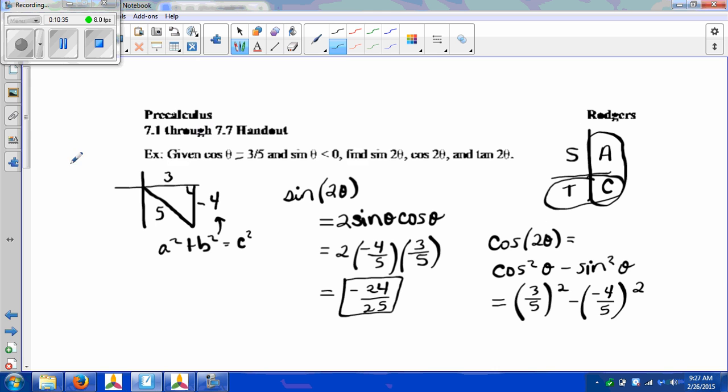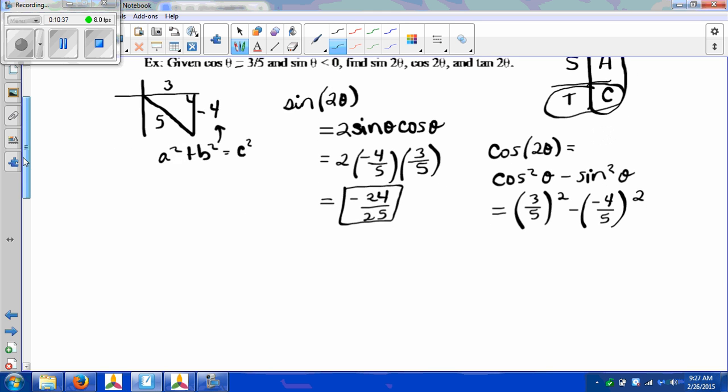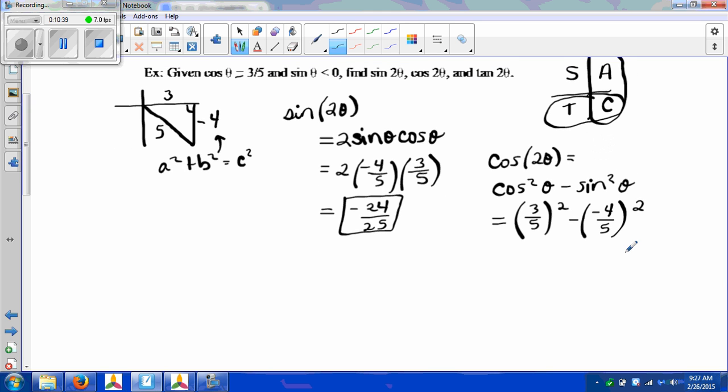Okay, so then, let me just go down a little bit. So then we get 9/25 minus 16/25, and then 13, 14, 15, 7. Is that right?